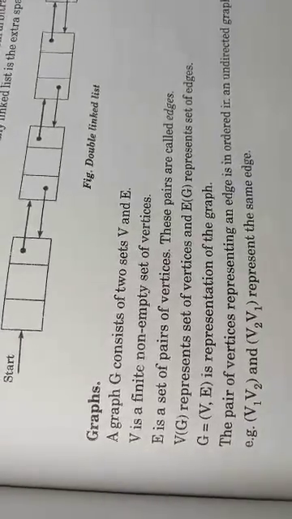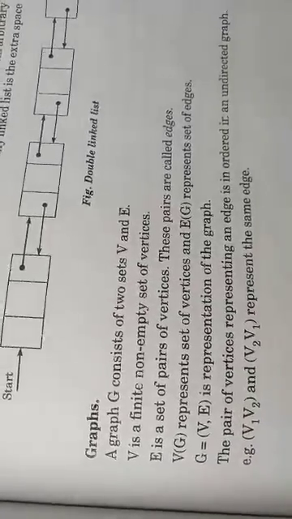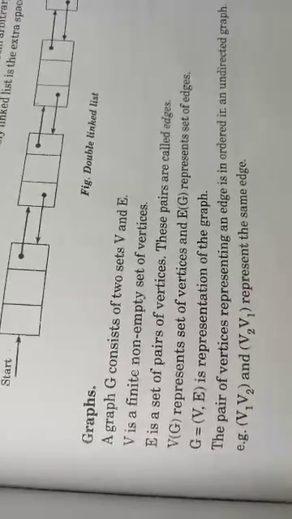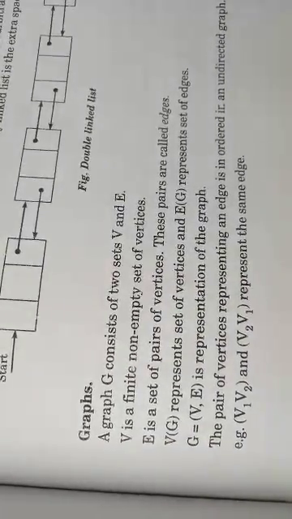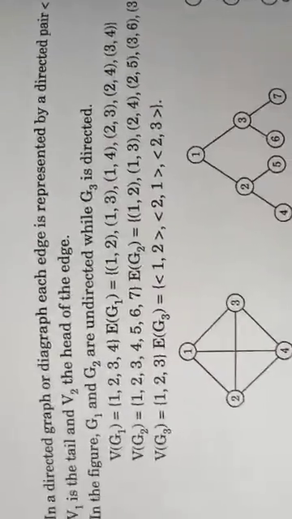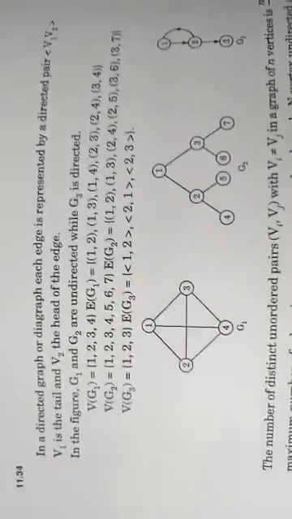In an undirected graph, the pair of vertices representing an edge is unordered. Example: V1, V2 and V2, V1 represent the same edge. Okay, next. In a directed graph or digraph, each edge is represented by a directed pair V1, V2.